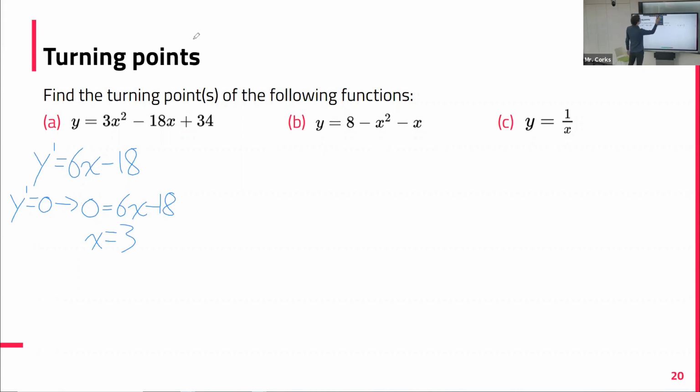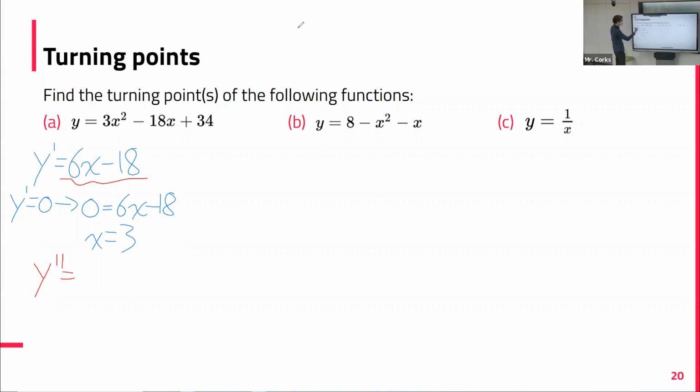So the second derivative in this case is what? 6. This is our first time seeing this, so I'll explain a little more. For the second derivative, all you do is take the first derivative and do the whole derivative process again.